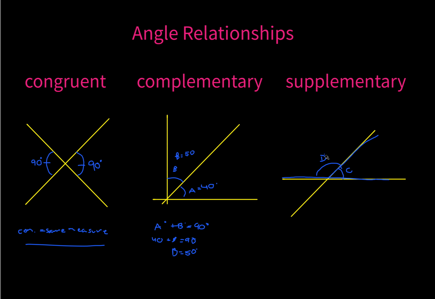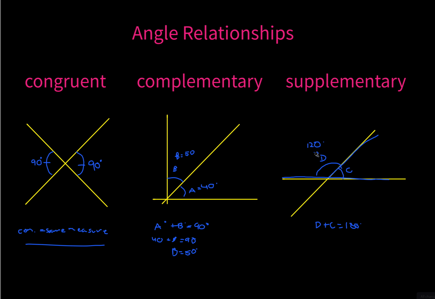So if we are given that the measure of angle D is 120 degrees, we can create an equation similar to that we did here for the complementary angle equation, where as these two angles are supplementary, their measures added together equal 180 degrees.